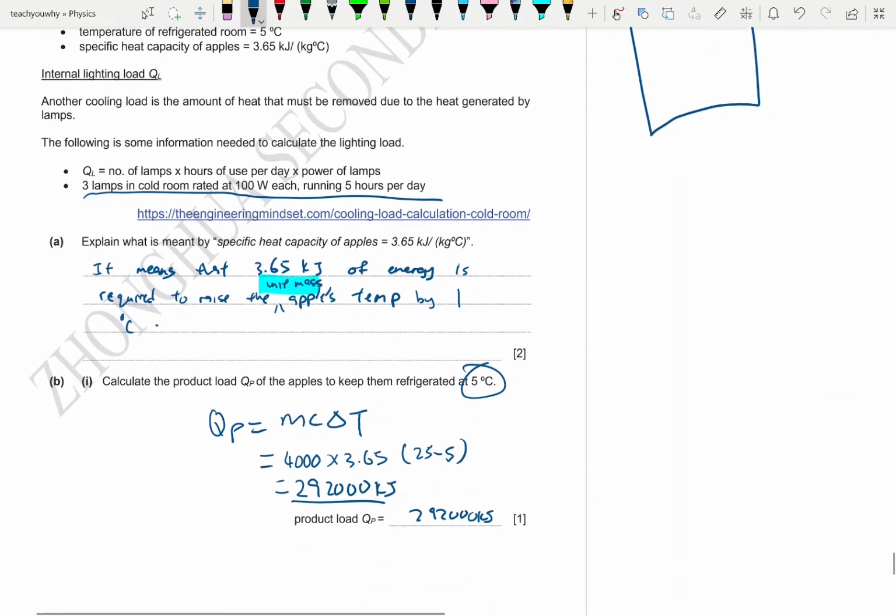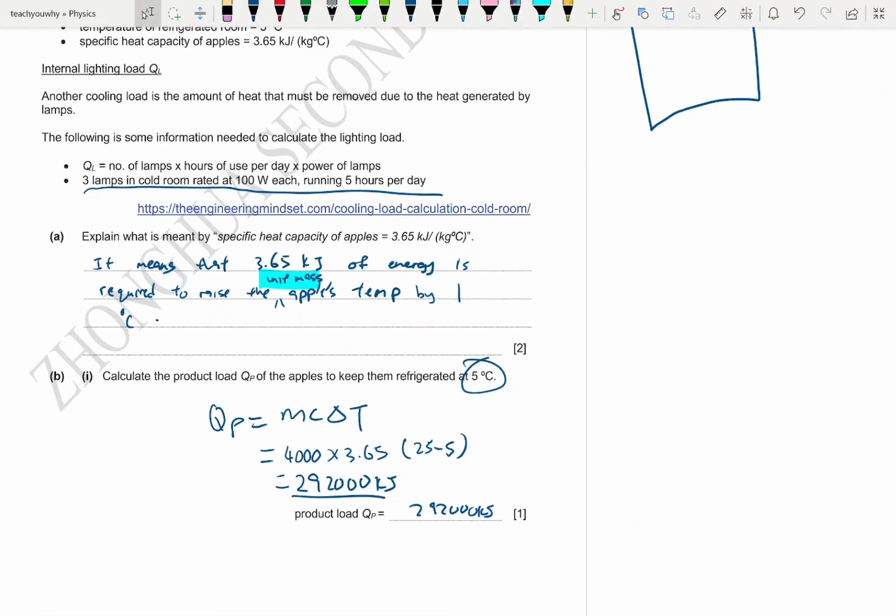we'll use this. It's going to use three lamps in the cold room, each at 100 watts, running for 5 hours.